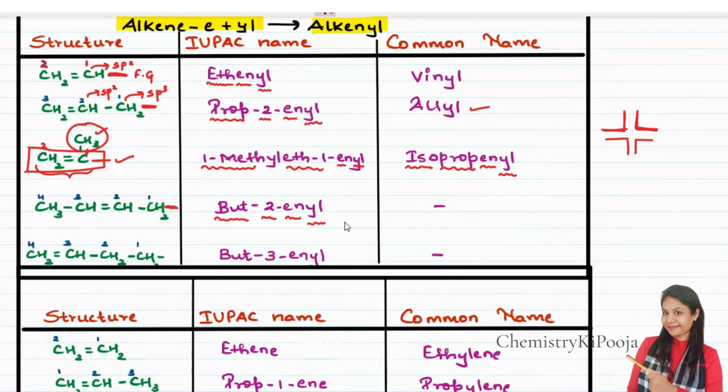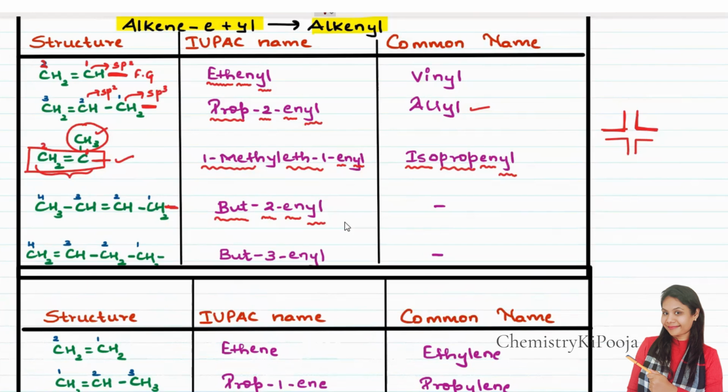Now for this structure, only the IUPAC name I can write down. I cannot write down the common name. Remember there are a few exceptional cases for which we cannot write the common name. Common names exist only for a few of the compounds, not for all of them. But yes, of course, IUPAC I can write for any type of structure, and that is the reason why we are using the IUPAC name.